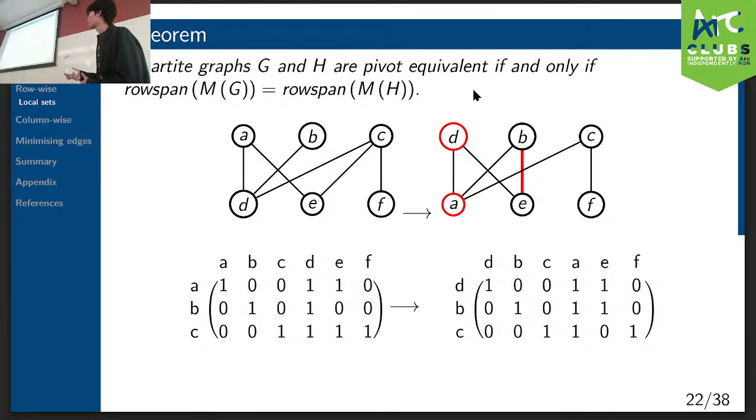And so we can see after doing one pivot, the row span will be preserved. And so after doing any number of pivots, the row span will also be preserved. And so graphs will be pivot equivalent if and only if the row spans are equal. Cool.